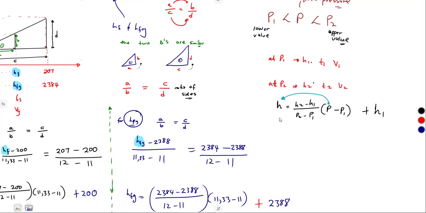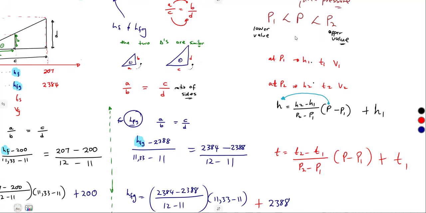So if, let's say, we were to calculate the temperature at that pressure, it would be temperature T equal to T2 minus T1. The pressures do not change: P2 minus P1 into P minus P1, plus T1.